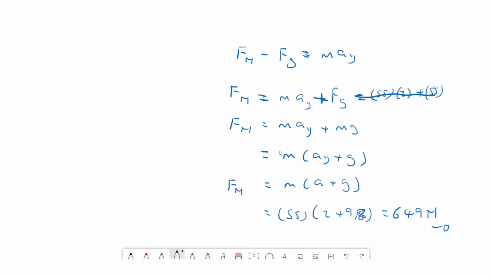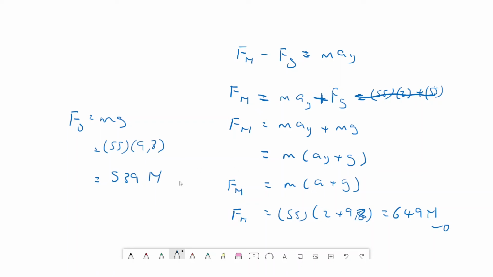So you can see here that the normal force is not going to be equal to the weight. How do I know that? Let's calculate the weight. The weight for this thing is going to be mg, which is 55 multiplied by 9.8, and you actually get that the weight is 539 Newton.